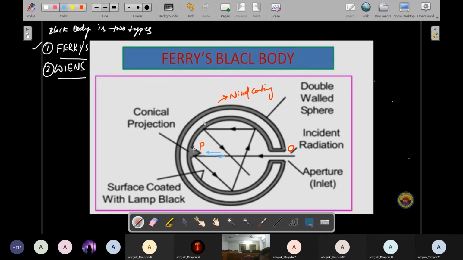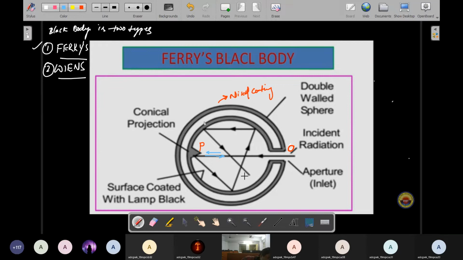So that's why here we are using a conical projection. When a light is focused and falls at the conical projection, then what will happen? This light gets multiple reflections inside the surface. So this reflected light gets multiple reflections inside the double walled sphere.